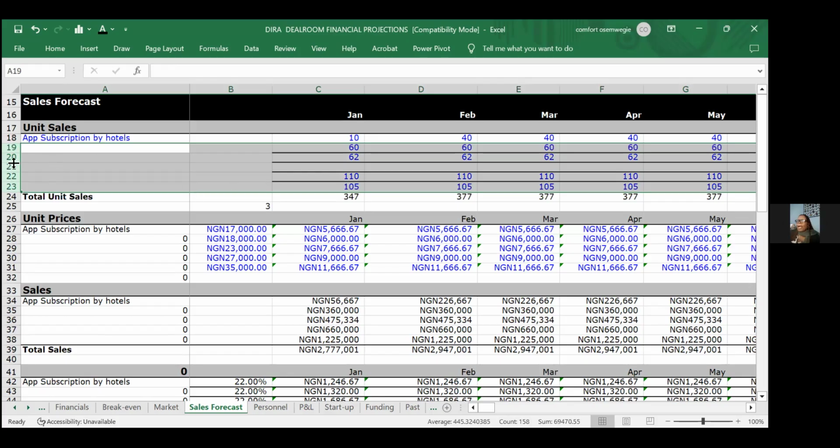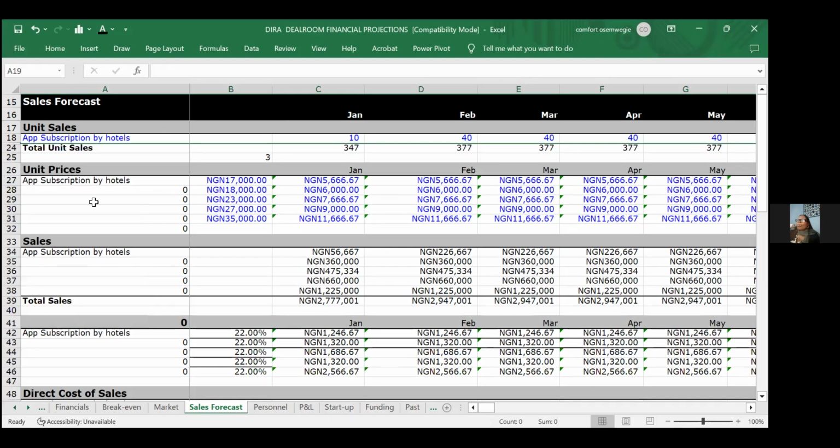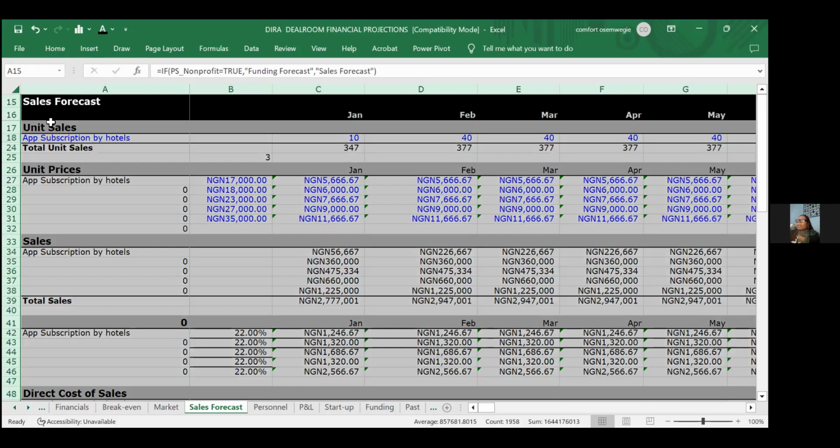Okay, so I'm going to hide this for the sake of this. So this is what yours will look like. You're looking at 80 per month. I think this is very tiny, so let me enlarge it so everybody can see.